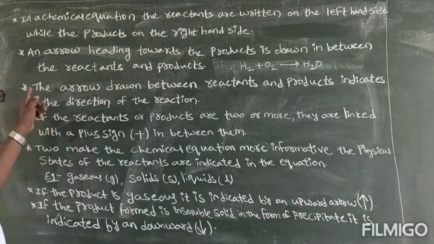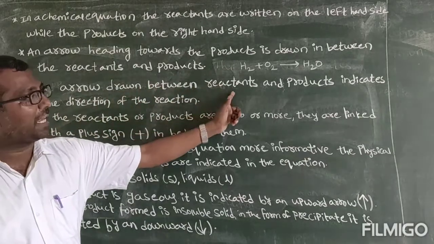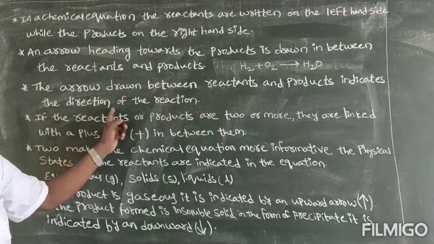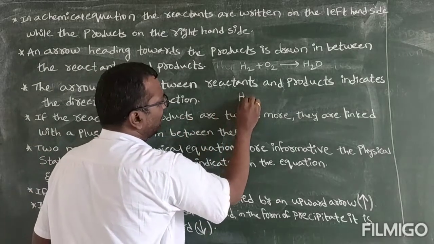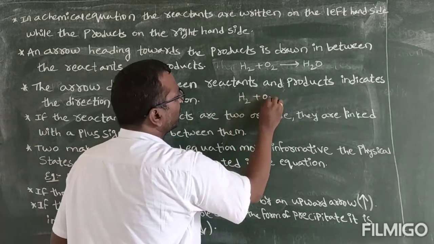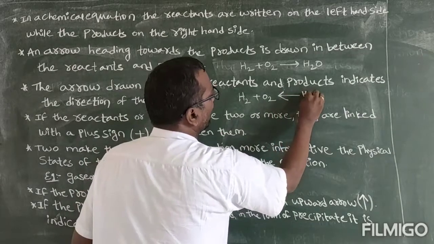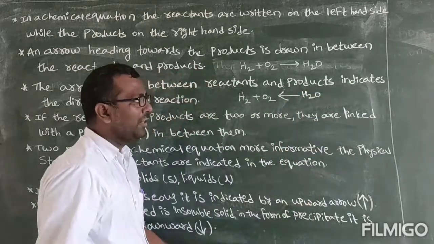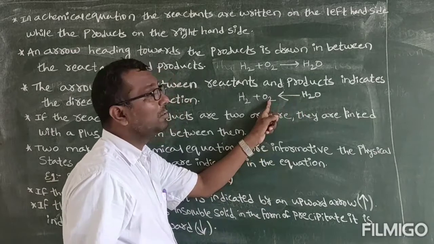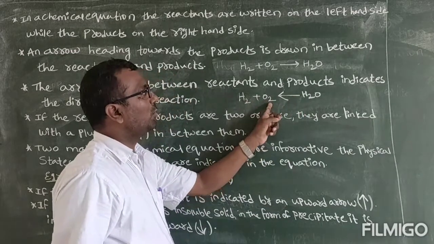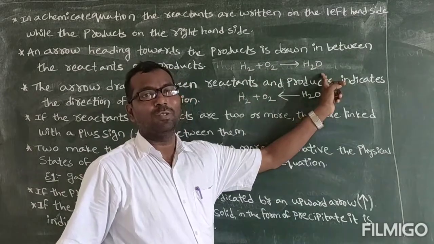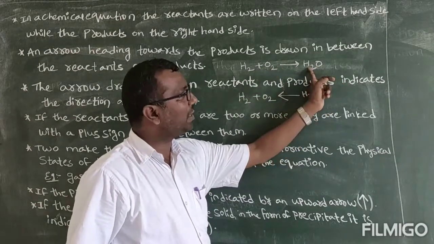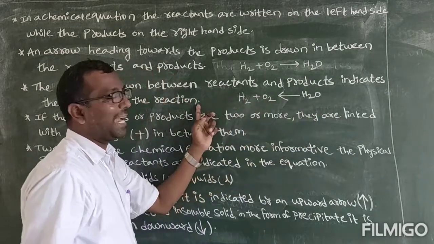Okay. Next, the arrow drawn between the reactants and products indicates the direction of the reaction. Suppose if I write like this, H2O will give H2 plus O2. Here what? H2 plus O2 gives rise to H2O. See, this is forward reaction and this is backward reaction.